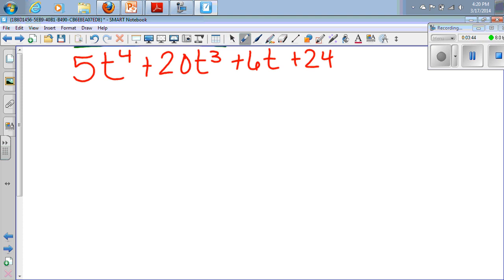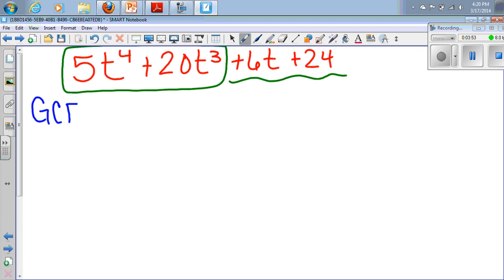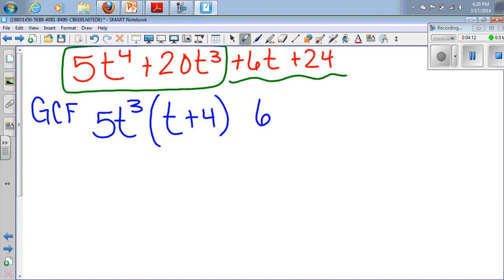Here's my first group. Here's my second group. In my first group, I'm looking for the GCF. To me, it looks like 5t cubed. That means I'm left with t plus 4. In my second group, I'm looking for my GCF, and it looks like 6, which means I'm left with t plus 4.